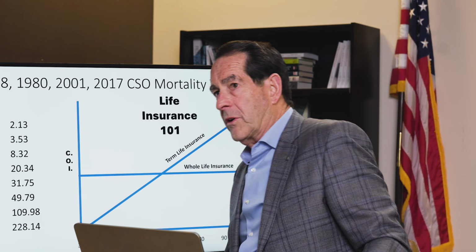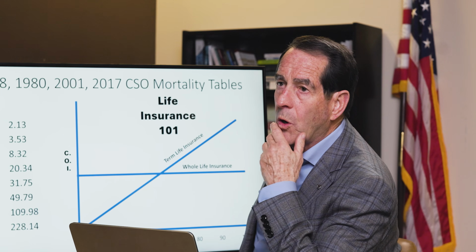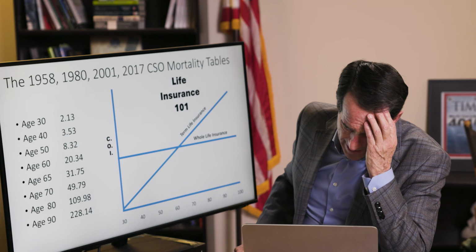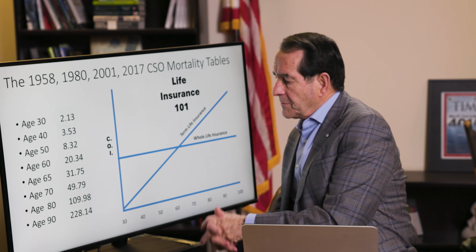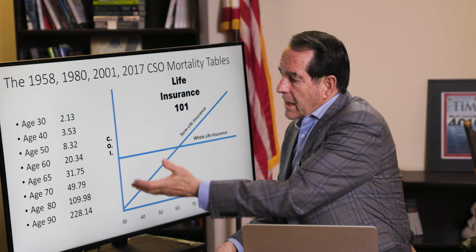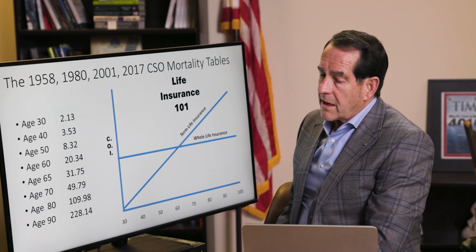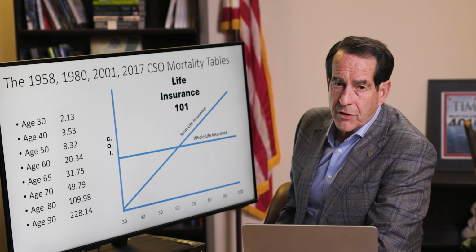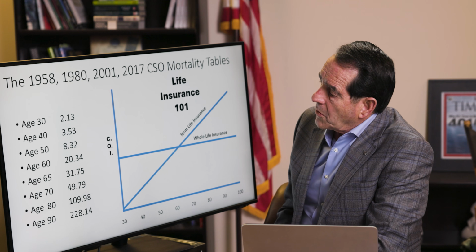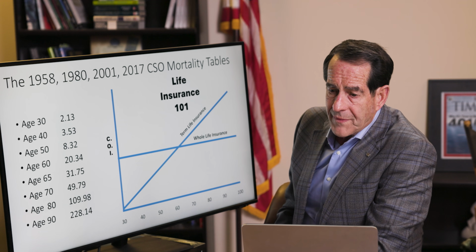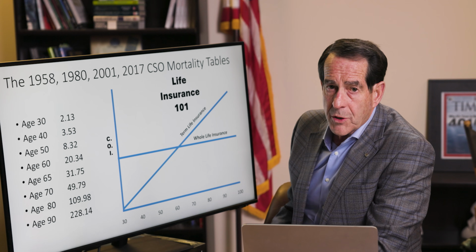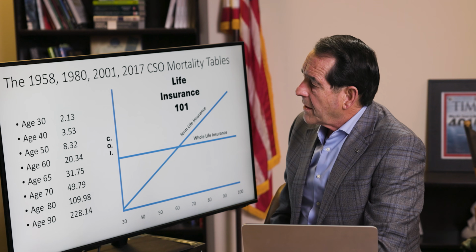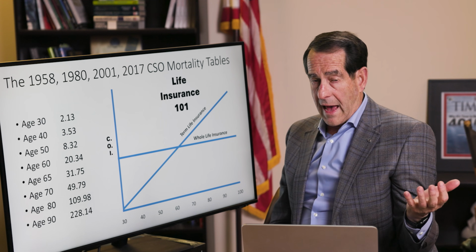Now whole life insurance, that covers you for your whole life. That's why it got that name. So whole life insurance is where we take a 30-year-old and instead of having them put in $2 for every $1,000 of life insurance they want, and so if they wanted $100,000 of insurance, then instead of having to pay $2,000 a year for that, they're putting in much more than that, okay?